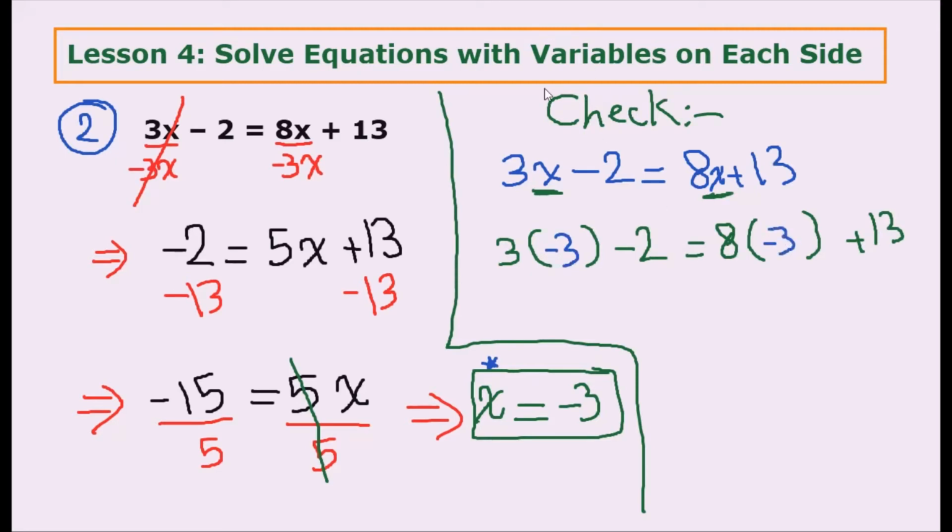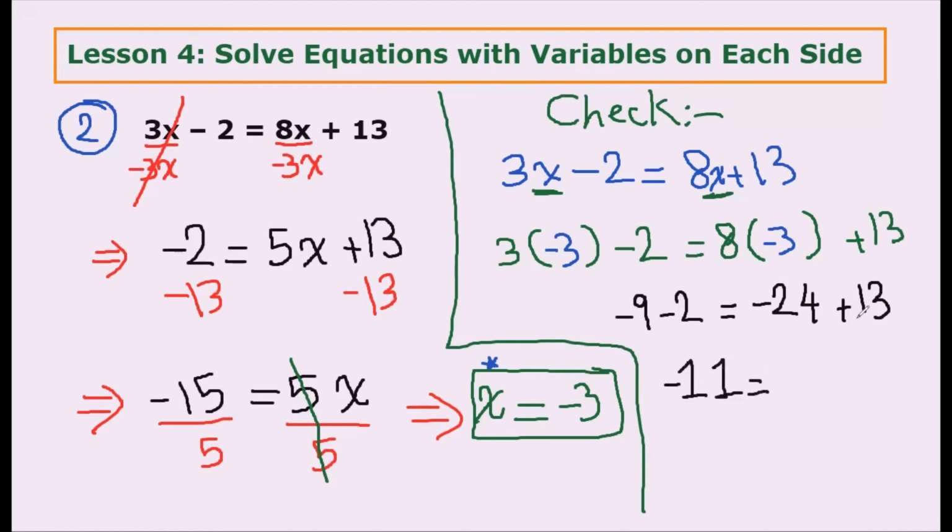Then we calculate it. 3 times negative 3 gives us negative 9 minus 2 is equal to negative 3 times 8, negative 24 plus 13. If this statement is true, then our solution is true. Let's check that out. Negative 9 minus 2 is negative 11.